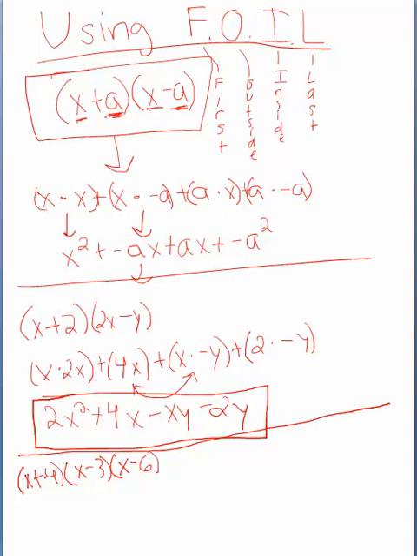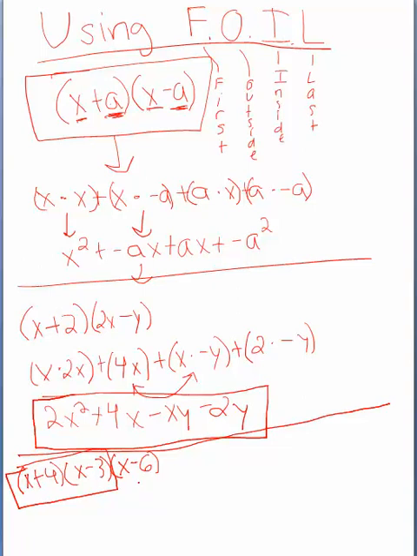Okay, so one way of doing this would just be finding what this equals, and then distributing each of these multiplied by x and negative 6.